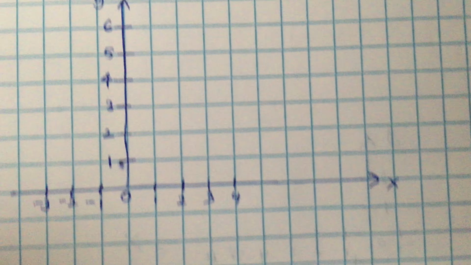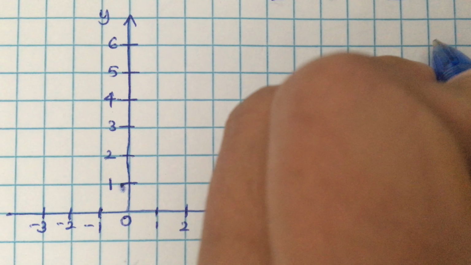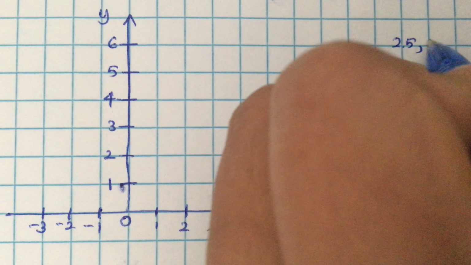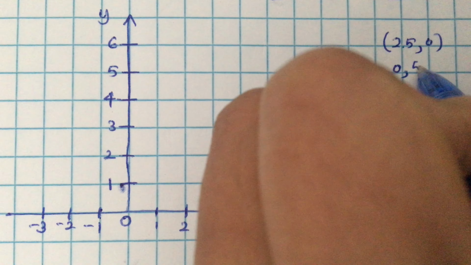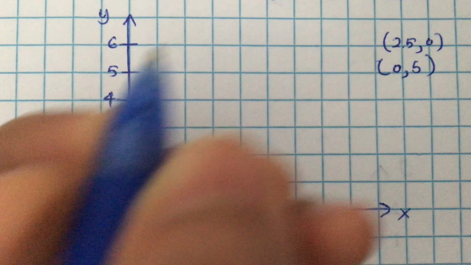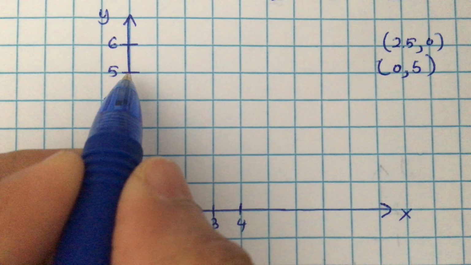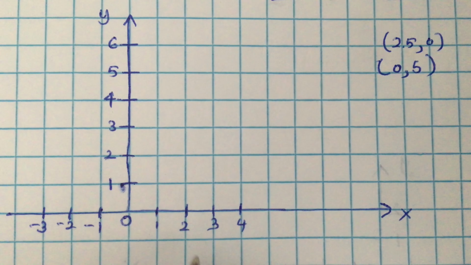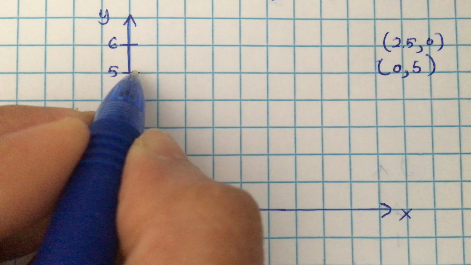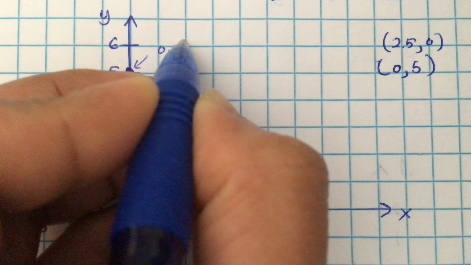Let's look at the graph. So one coordinate was 2.5 comma 0 and the other one is 0 comma 5. So these are the two coordinates. We are going to sketch the linear function. This is the x-axis and this is the y-axis. At x equals 0, y equals 5 over here, so this coordinate is 0 comma 5.